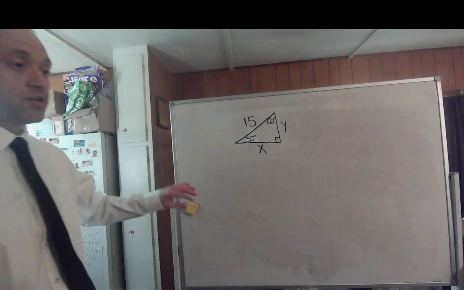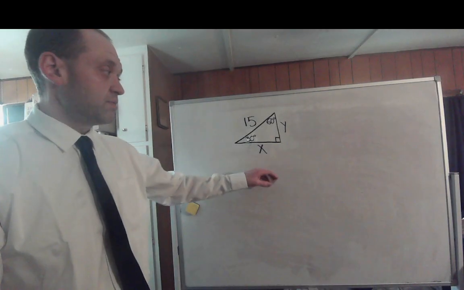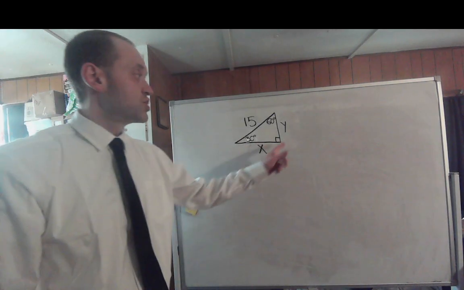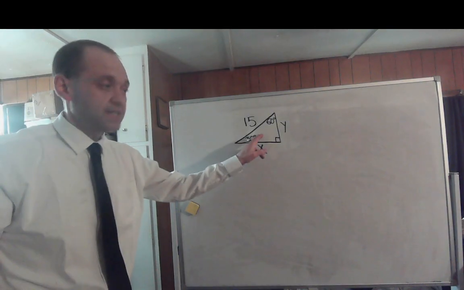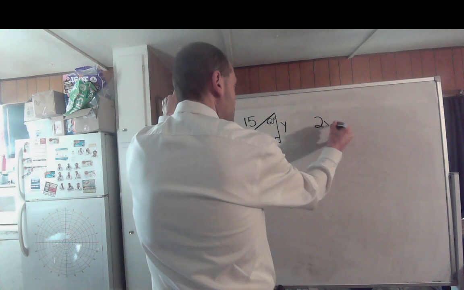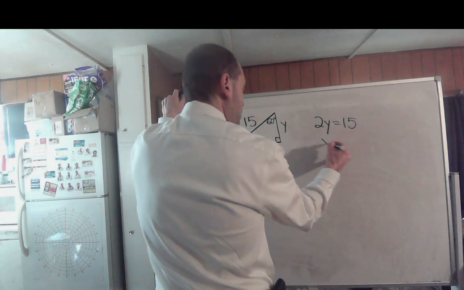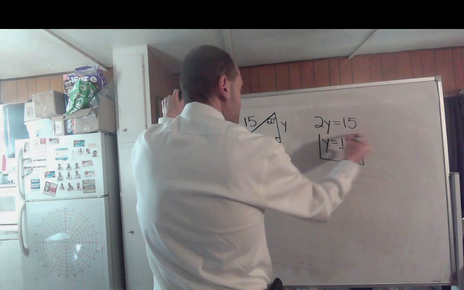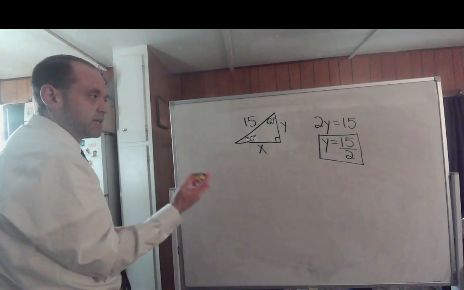This will actually be easier because in relation to the hypotenuse and the shorter leg, which is opposite the 30-degree angle, what's true? That the hypotenuse is twice as long as the shorter leg. It's twice as long as the side opposite the 30-degree angle. So that means that 2 times y equals that 15, which means what? That y would equal 15 halves, or 7 halves, excuse me. It would be 15 halves or 7.5 would be your length for y.